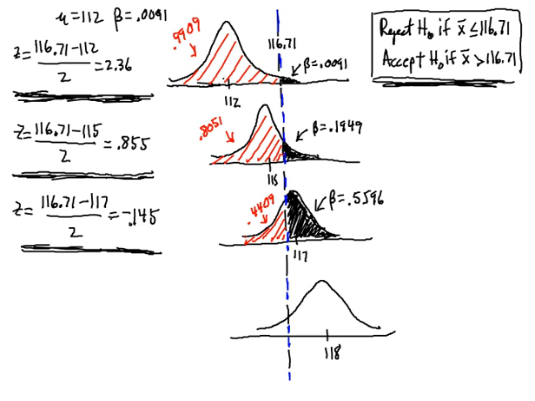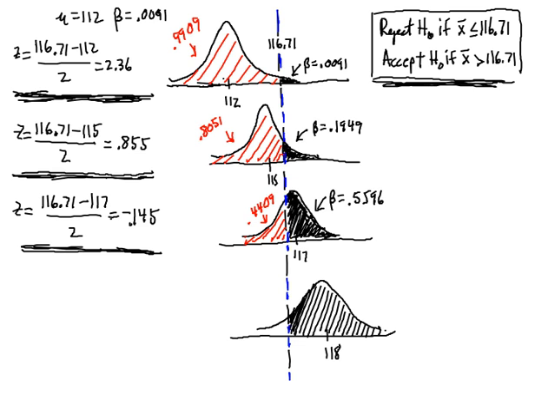Now I want to go ahead and calculate another one here for you. Suppose that the population average is as high as 118. Then we will find beta, the probability that we will accept the null hypothesis under the decision statement. Notice the decision statement says we'll accept the null when the sample average from our sample of size 36 is greater than 116.71.